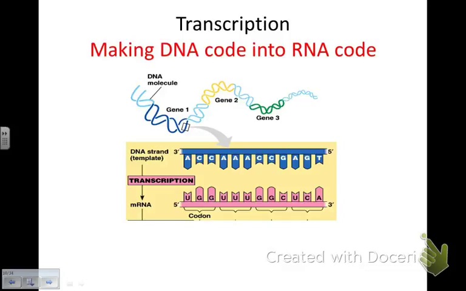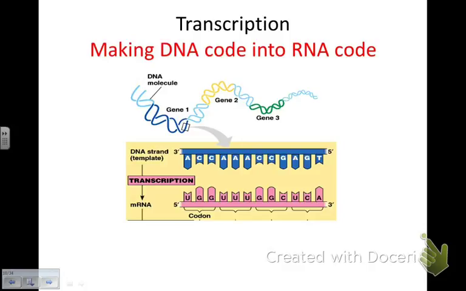Elongation, well, that's when the RNA is actually being made. The RNA molecule is being elongated, it's being made. Termination, that means end. If you ever get terminated from a job, hopefully you won't, that means you got fired. Okay, so start with transcription. The DNA is going to unzip.